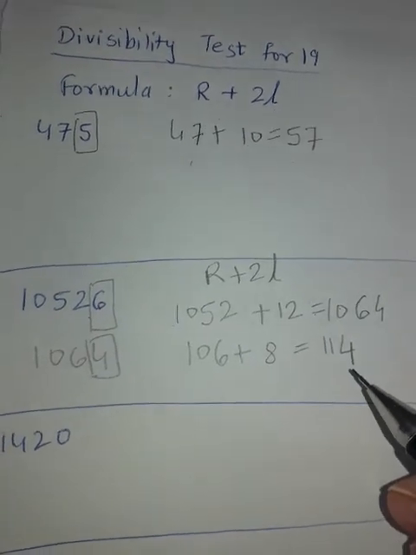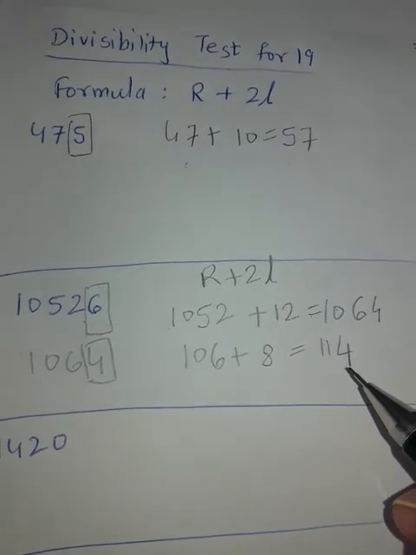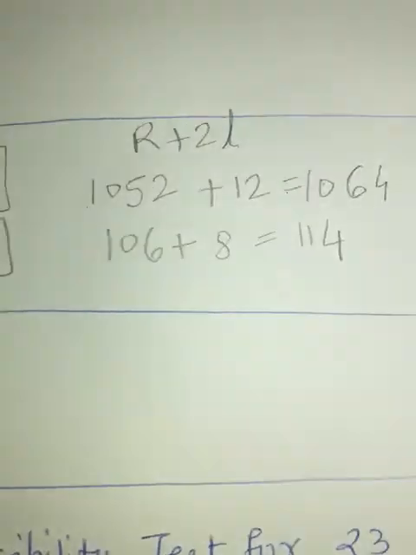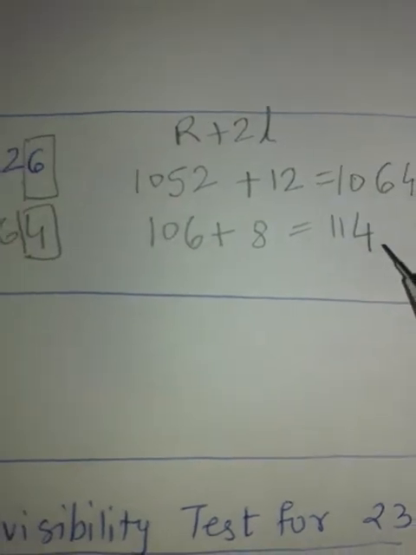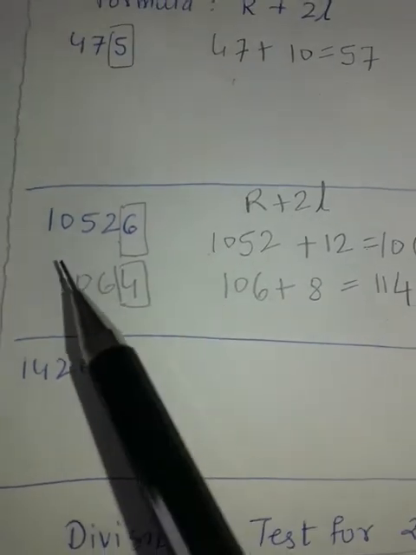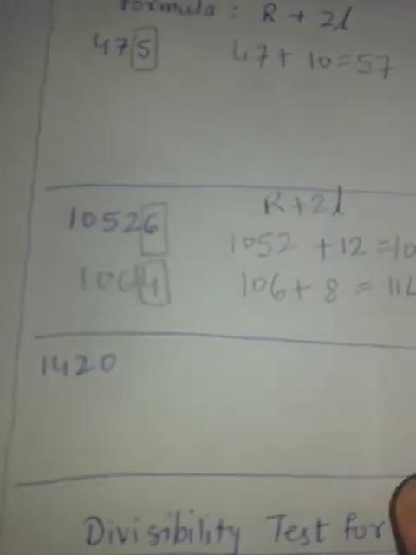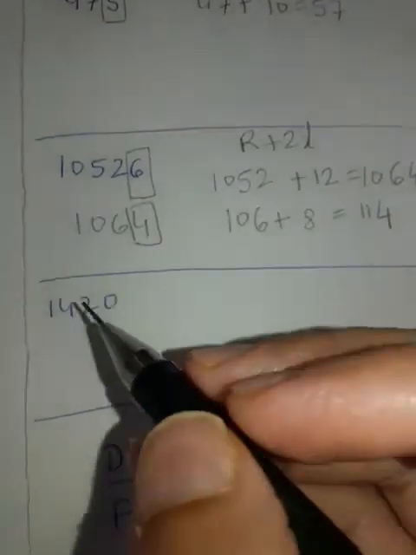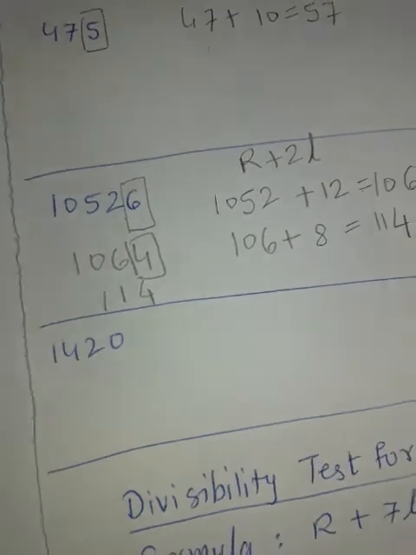114 is what? So if you know the table of 19, you will immediately get 19 6s are 114. So you will immediately get that this number is divisible by 19. That means this number is also divisible by 19. But if you forgot table of 19, then what you can do again, try similar test on 114.